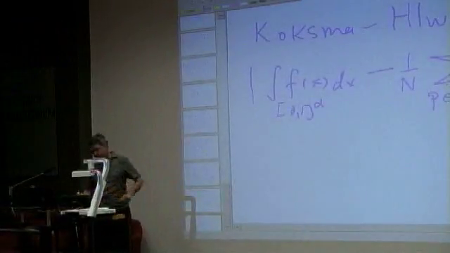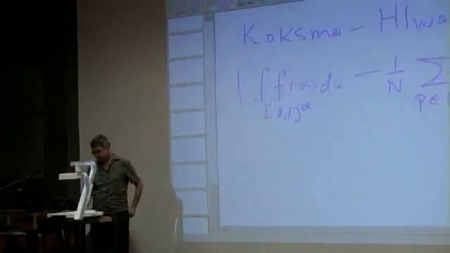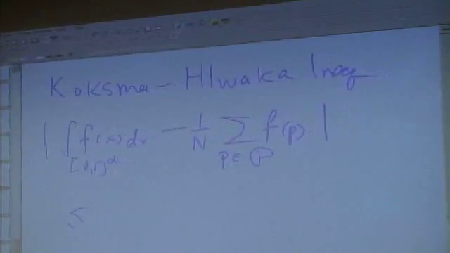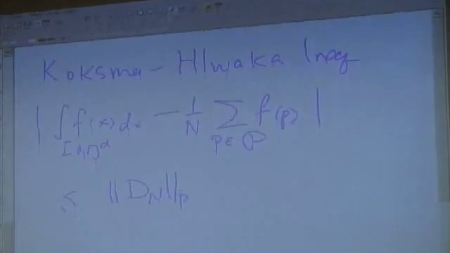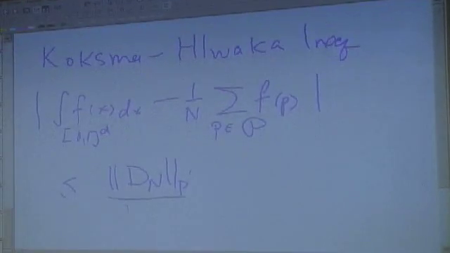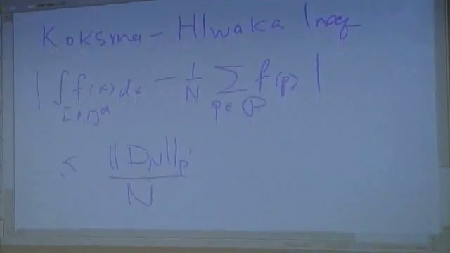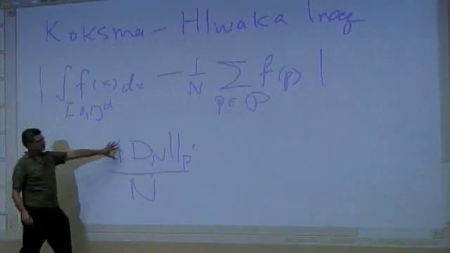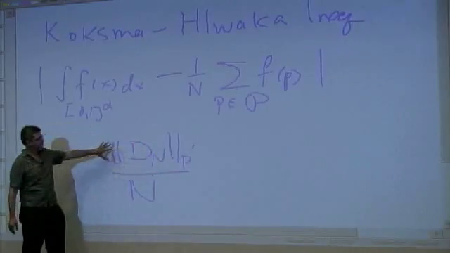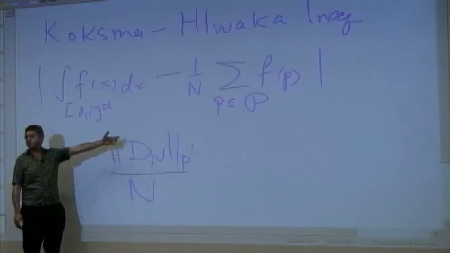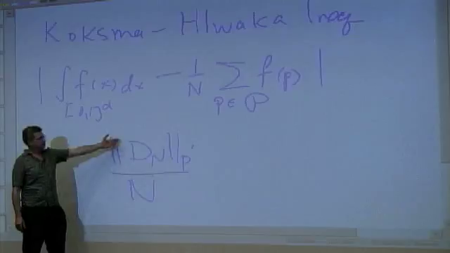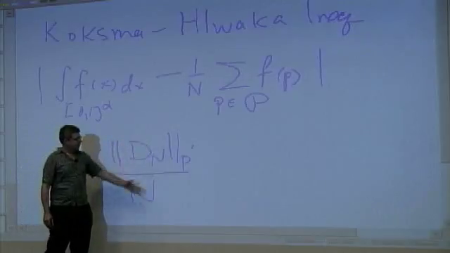And then this is less than the discrepancy function D_N in L^p prime, say, divided by n. Notice that this term can be quite small. The Roth bound said that this always has a lower bound of order log n to some power that depends upon dimension. So you have a logarithmic term on top divided by n.